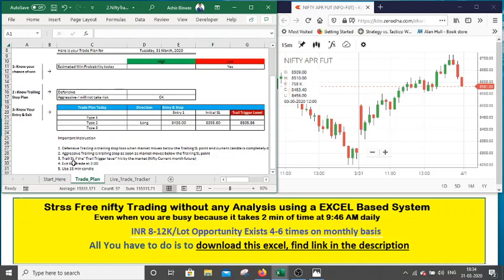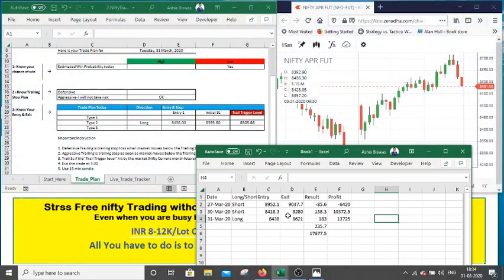And as the instruction says, exit the trade at 3. So the 3 o'clock candle will be this candle, and the close will be around the 8673 level. So this is the simple trade, and let's enter today's trade.